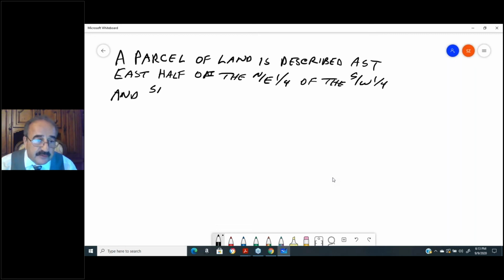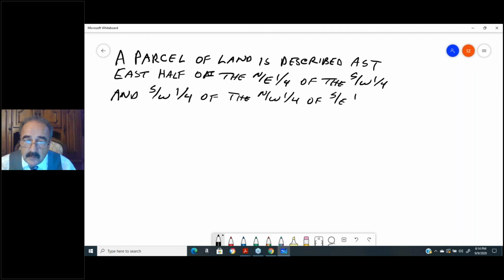The southwest 1/4 of the northwest 1/4 of the southeast 1/4 of section 9. Contains how many acres?